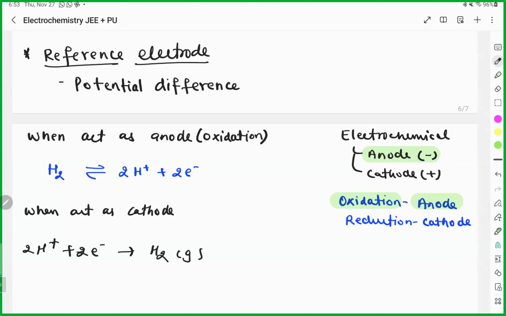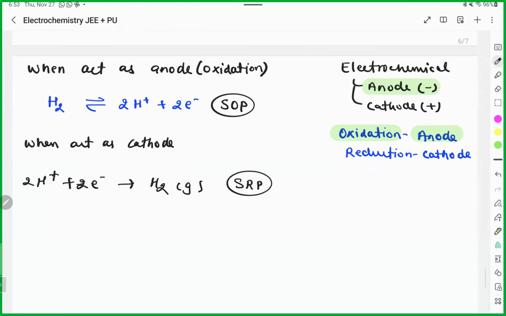Wherever oxidation occurs, it is known as standard oxidation potential. Where reduction happens, standard reduction potential. Arbitrarily, we are assuming for hydrogen that the oxidation potential or reduction potential is zero. Whether you take standard oxidation potential or standard reduction potential, it is zero.